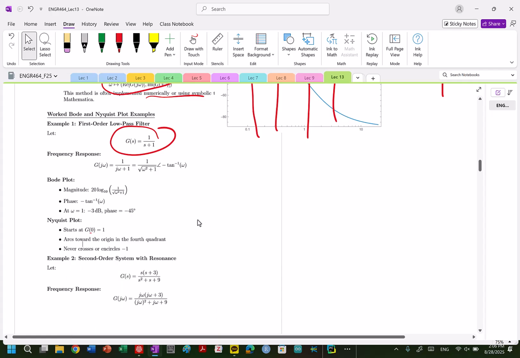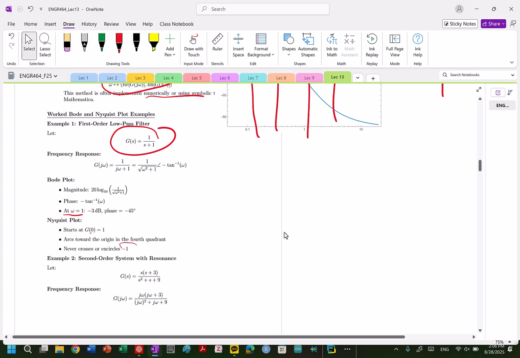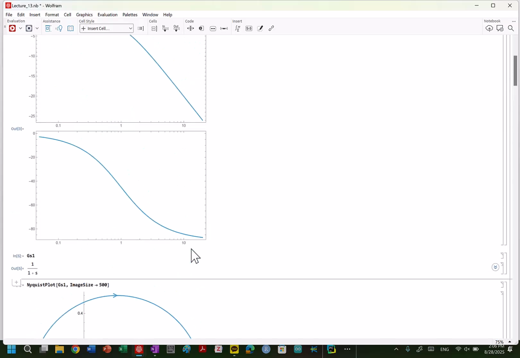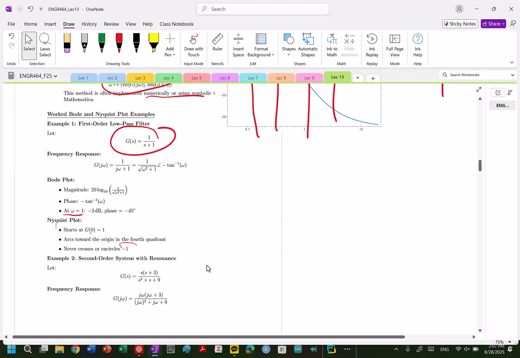As we start to increase frequency, it arcs towards the origin in the fourth quadrant, and it's never going to encircle here. We can see at omega equals 1 we get a phase lag of minus 45 degrees. So you can sketch those out.